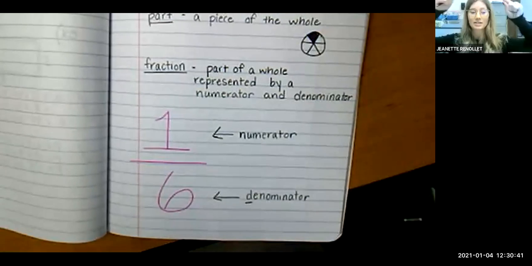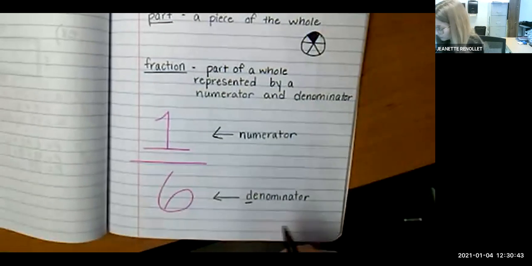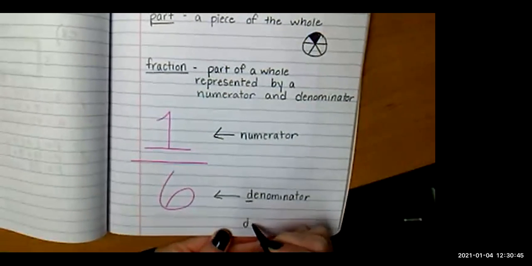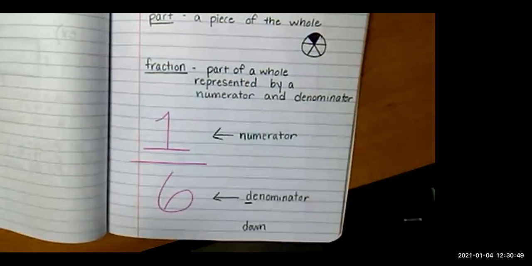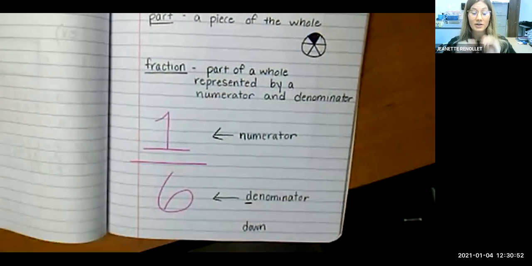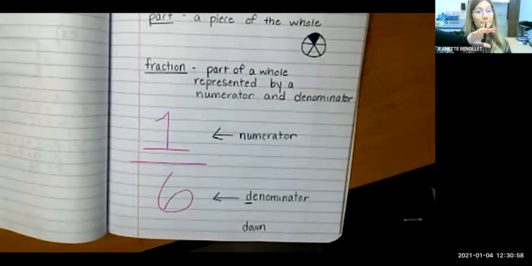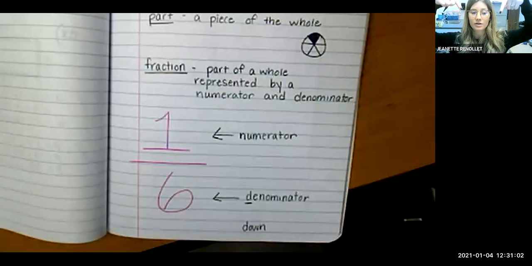Denominator's on the bottom, it's down. So if you think of down, you might remember denominator's on the bottom. Numerator's on top. Denominator's on the bottom.